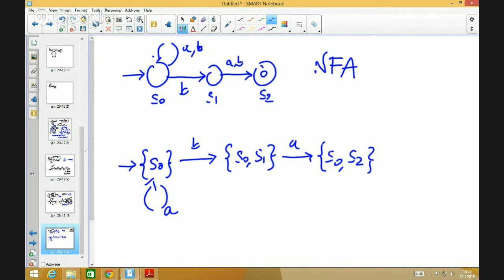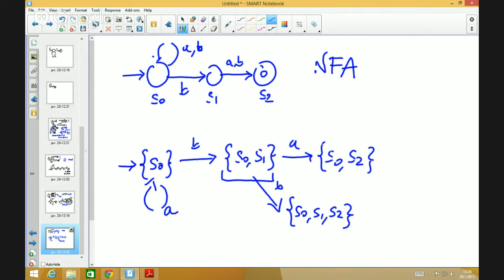If you are in this state and you read a B, where do you go? S0, S1, or S2? Why? Let's see. Basically, if you are in S0 and you read two Bs in a row, afterwards you could be anywhere in your NFA. Why does this make sense? Look at the NFA.